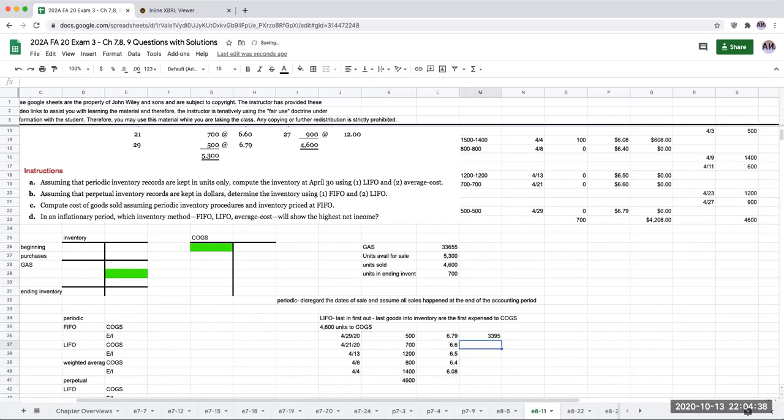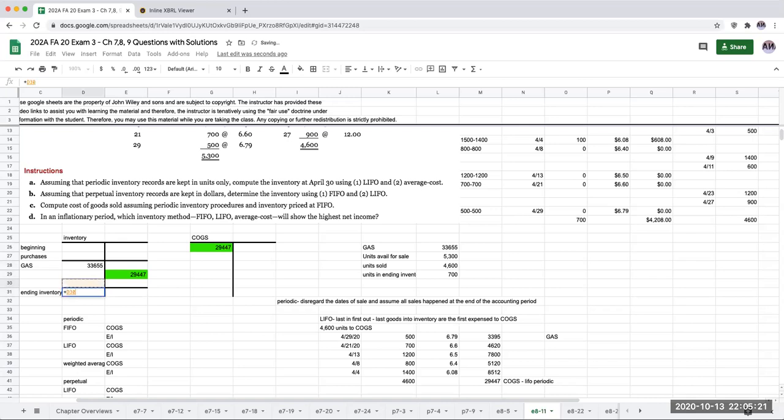So when I'm determining my cost of goods sold under LIFO periodic and I add up these amounts, I get 29,447. If my cost of goods sold under LIFO periodic is this amount, then what is my ending inventory? Just imagine this: you've got your goods available for sale of 33,655, and I just sent over 29,447 to my cost of goods sold.